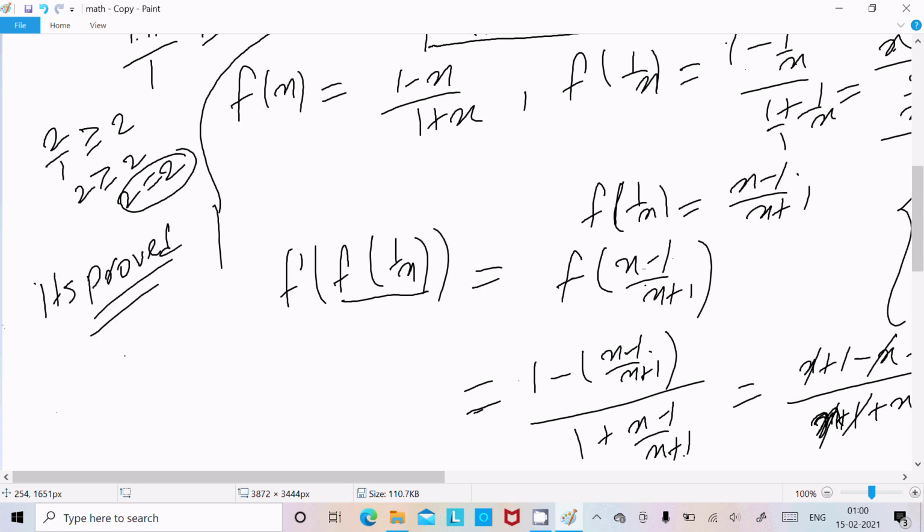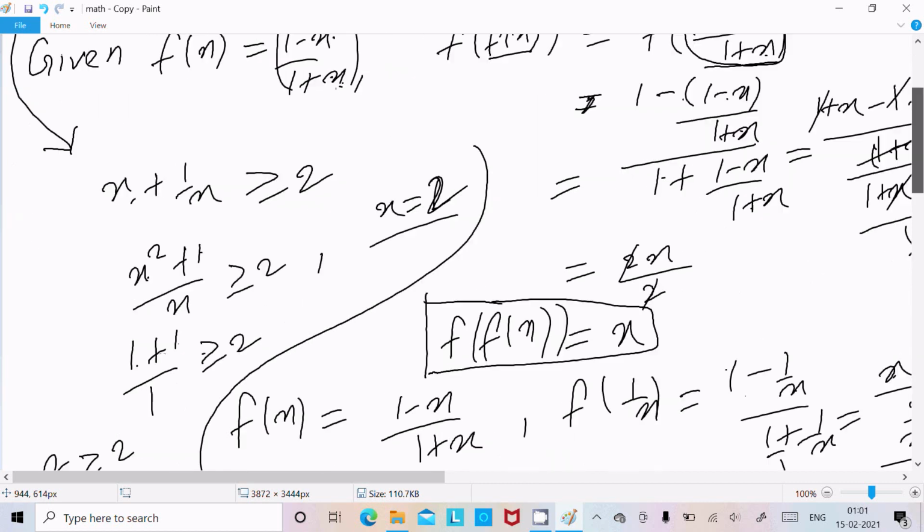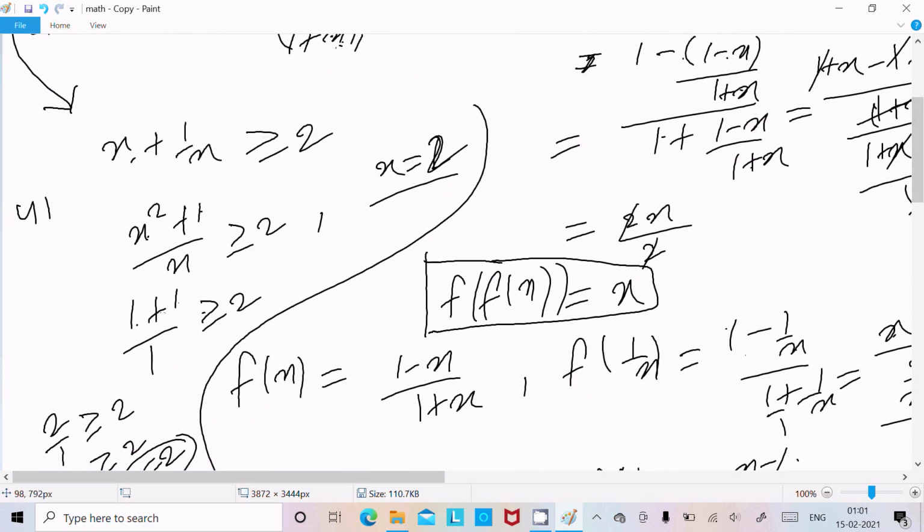Like that, we can put x value as 2. If I put the x value as 2, here 2 square is 4 plus 1, and after that 5 by 2, it calculates to 2.5, which is greater than 2.